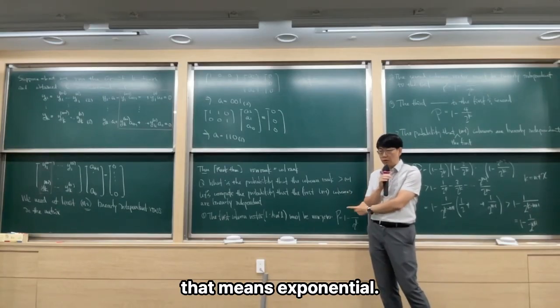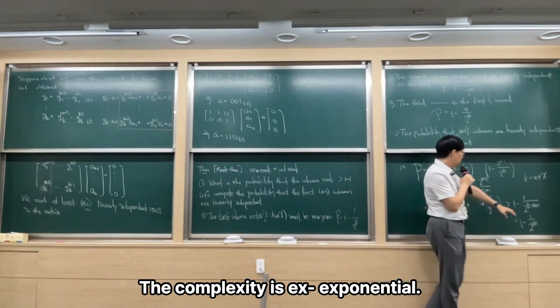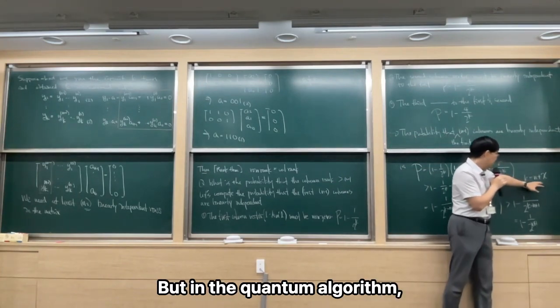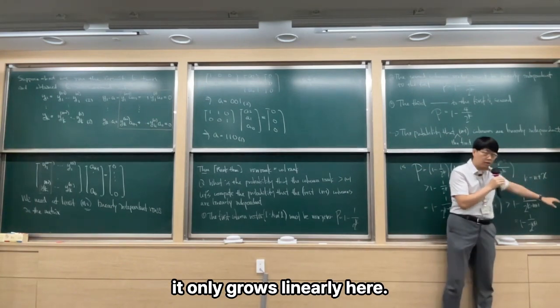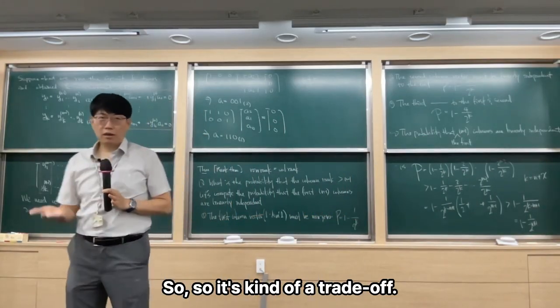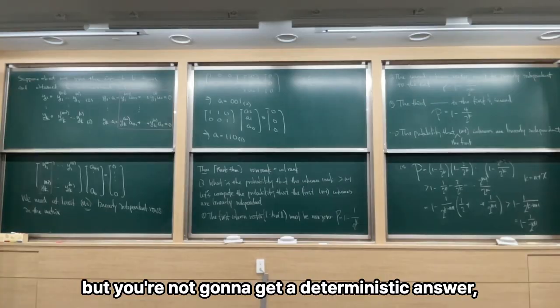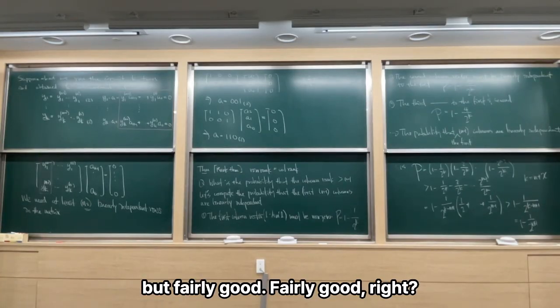So that means the complexity is exponential. But in the quantum algorithm, it only grows linearly. So it's kind of a trade-off. You get a linear complexity, but you're not going to get a deterministic answer. But fairly good, right?